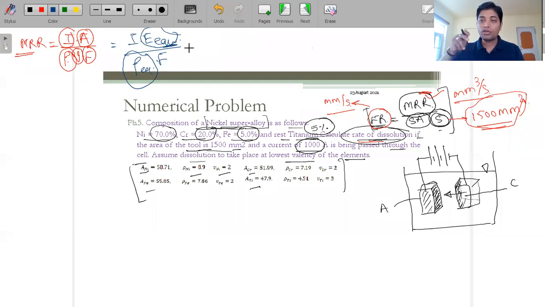But since binary means two elements, for both the elements the atomic weight and the valency were given to you. Through that, we calculated the value of E equivalent and used it there, and we got the answer.